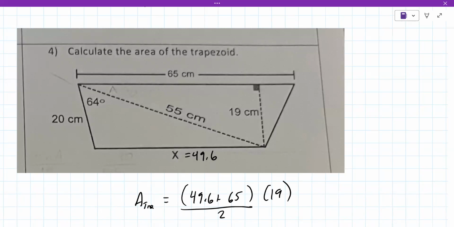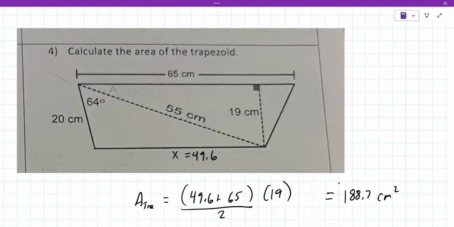Okay. 1,088.7. All right, sounds good. What are the units of that?